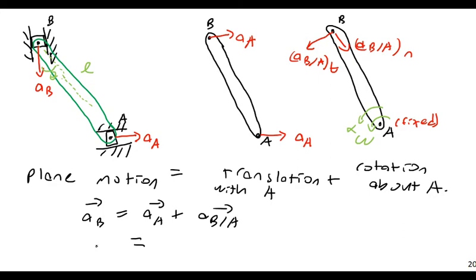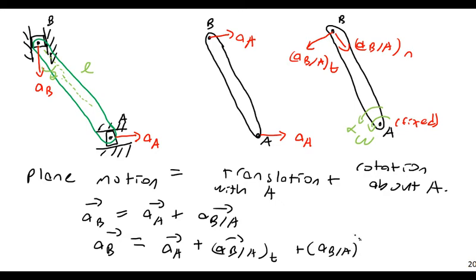So AB would be equal to the acceleration of A plus the acceleration of B with respect to A, its tangential component, plus the acceleration of B with respect to A, its normal or centripetal component. And that would be our guiding equation here. And that would be the basic idea.